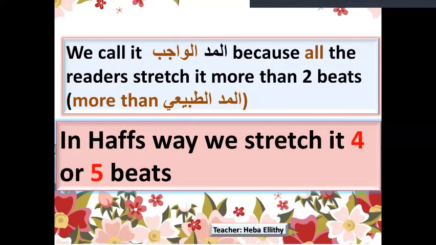So I can't start with 4 and continue with 5, or I can't read with 5 sometimes and 4 sometimes. If I start today, sit down and open my Quran and I start with 4 beats in المد الواجب المتصل, I should continue 4 beats all my reading till I finish.